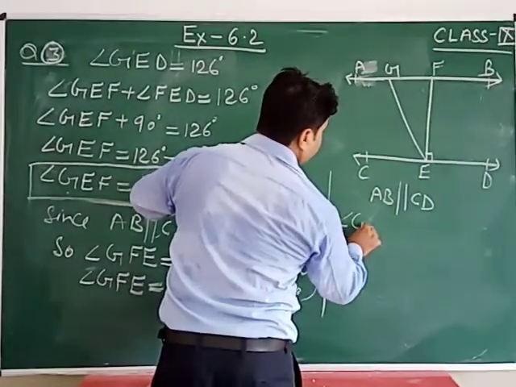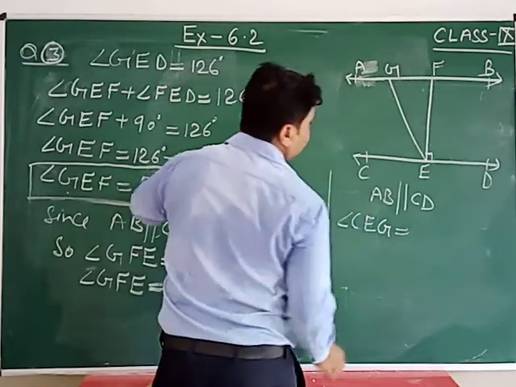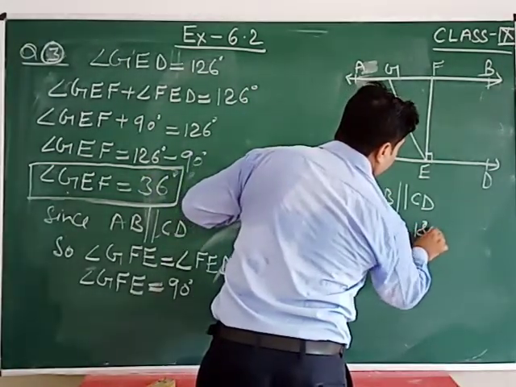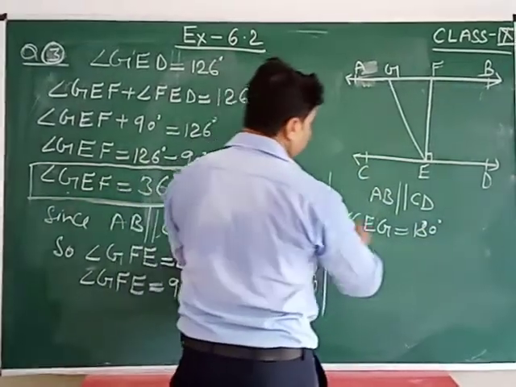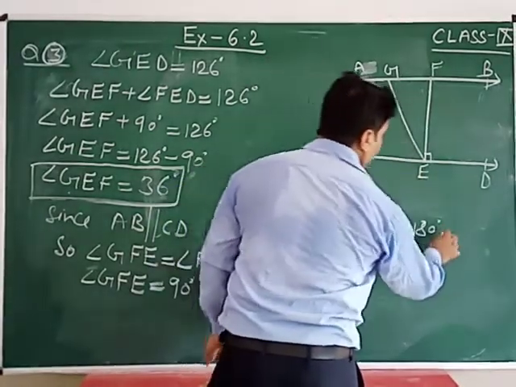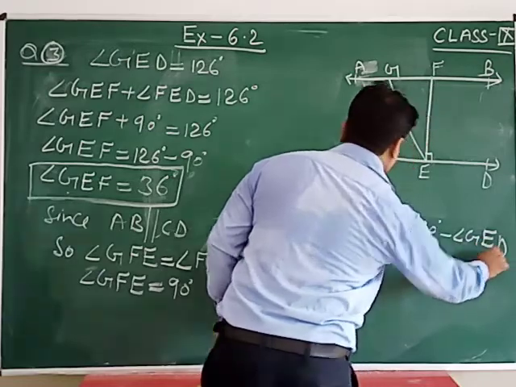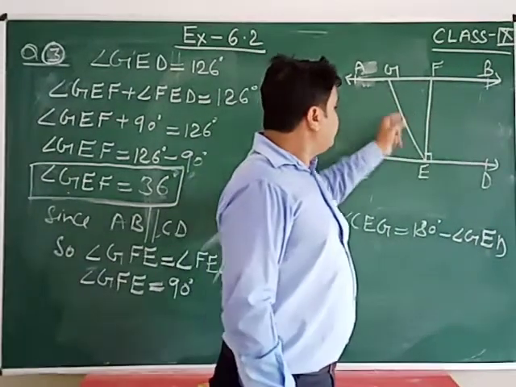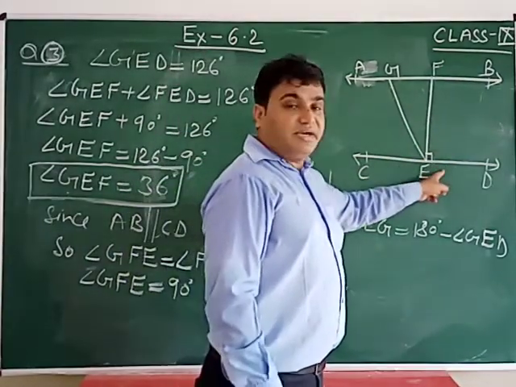Angle CEG equals 180 minus angle GED, because the whole sum is 180.